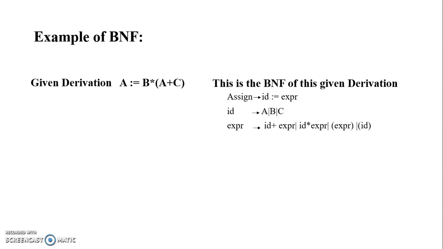That's why first we are taking one kind of terminal part and non-terminal part. Then we write ID, then either A or B or C, and here we write expr, then either we add those terminals and non-terminals, or multiply them, or we write the terminal or non-terminal itself.